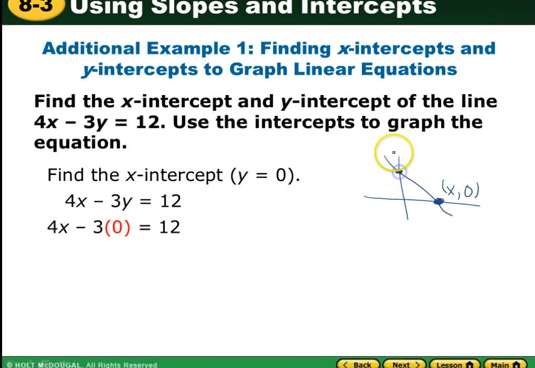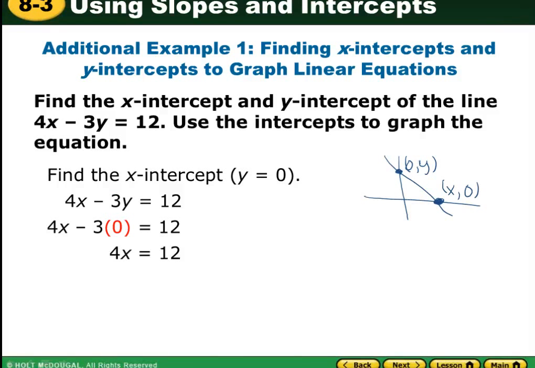For the y-intercept, it's going to be 0 comma y, because right here on the y it's 0, so that's why we are replacing y with 0.